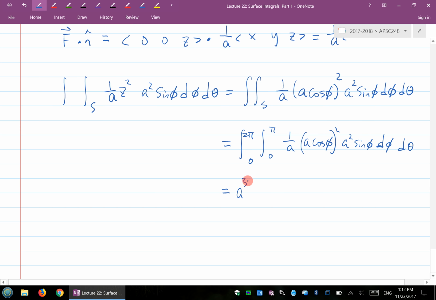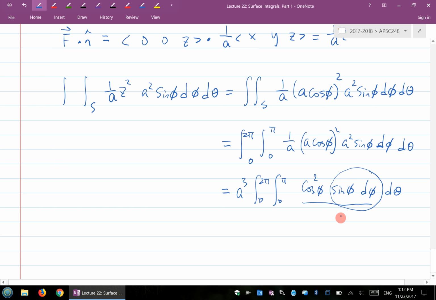So I can take the a cubed out, and inside here is cosine phi squared sine phi d phi d theta. By now you should be pretty confident looking at this integral. It should require a simple substitution.